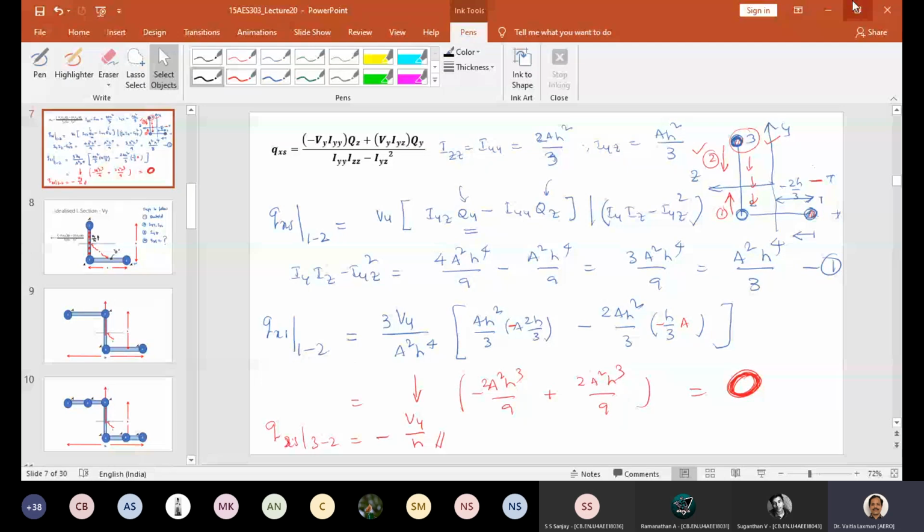Remember, no need to do again and again. Only thing is for this Q, for this area 3, we have to find the Qy and Qz and take it in this expression. This expression is sufficient. Only this you have to do. Please do it and give me the values.